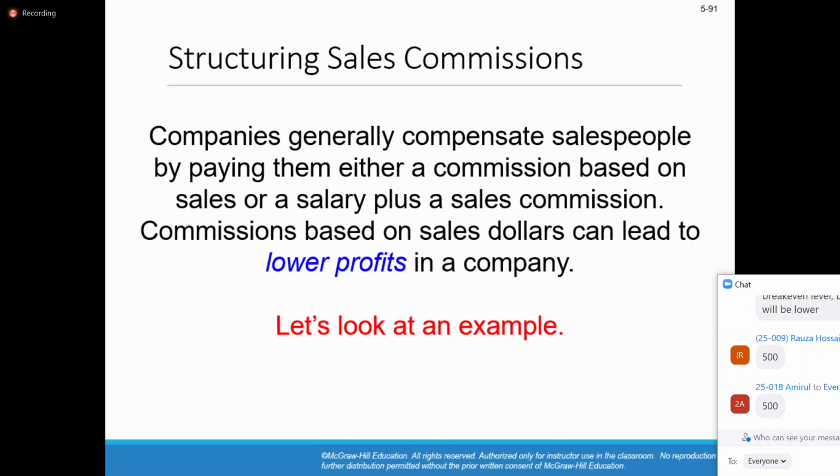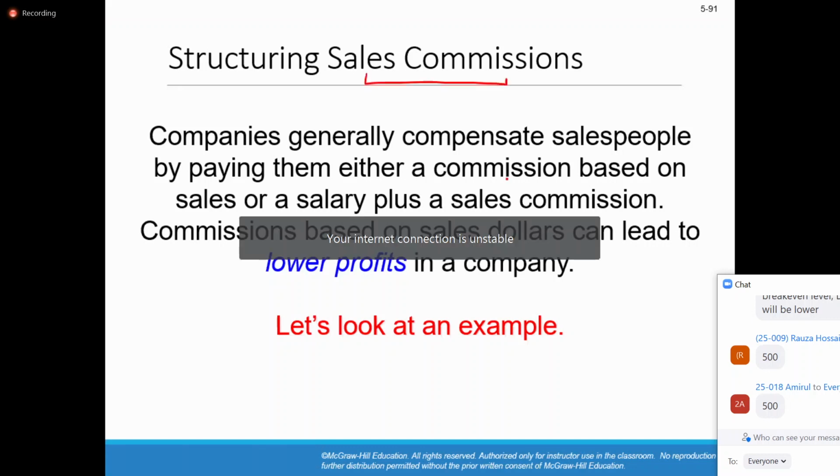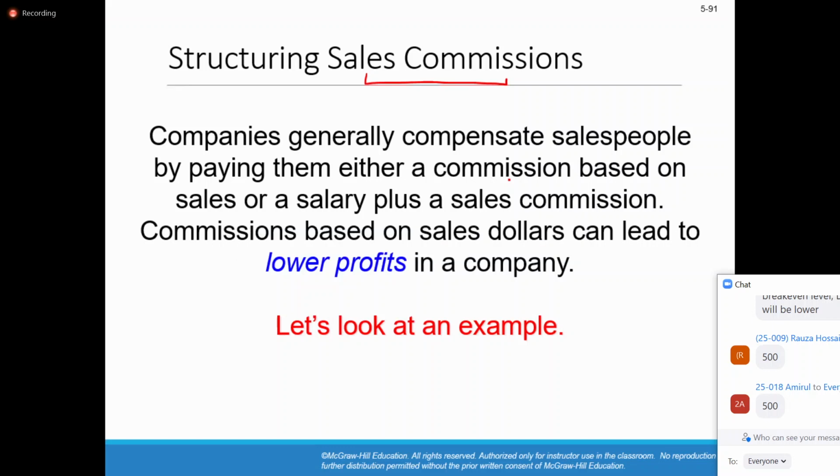So probably talked about it, but to reiterate, companies compensate salespeople with sales commission. Now, the question to you: you are a sales manager, you receive the sales commission. Which one is preferred by you? Fixed sales commission or variable sales commission?